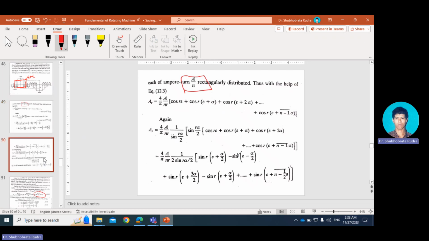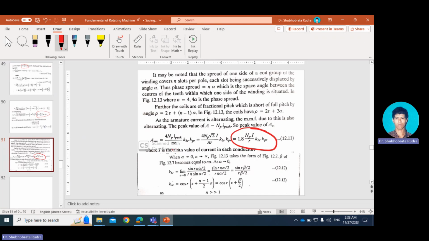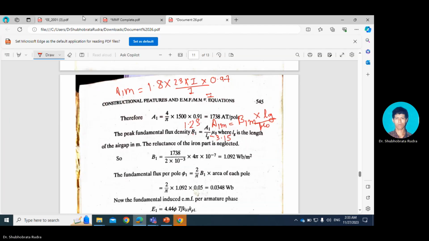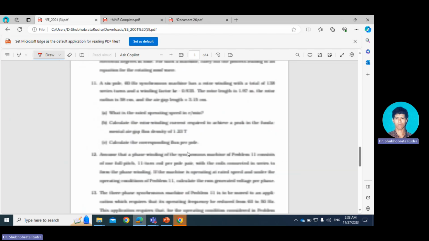All of them are A by N rectangularly distributed, and you get this formula. Your peak flux, just like the previous case, from that you can calculate the flux density, and from that you can figure out the total corresponding flux per pole.